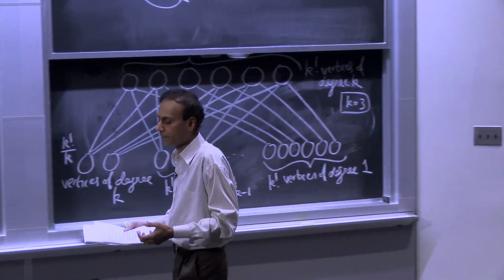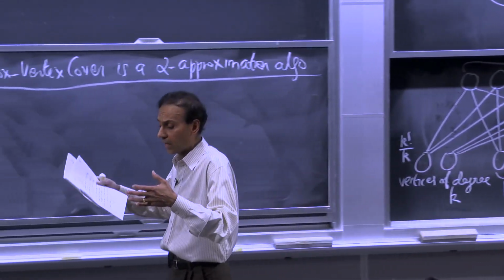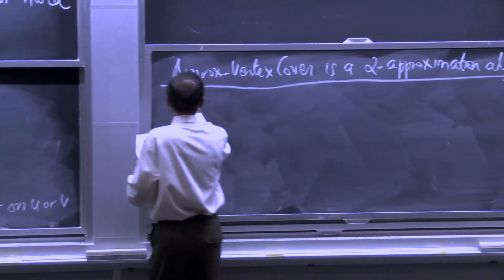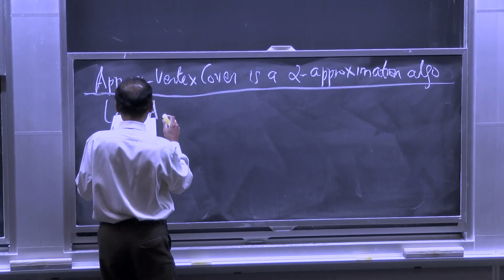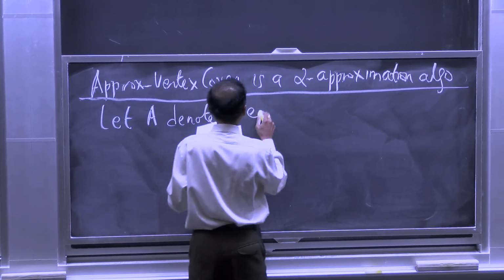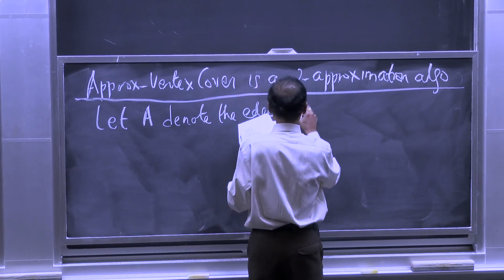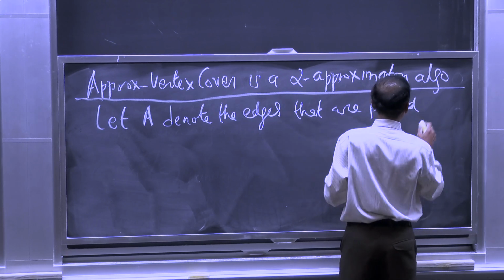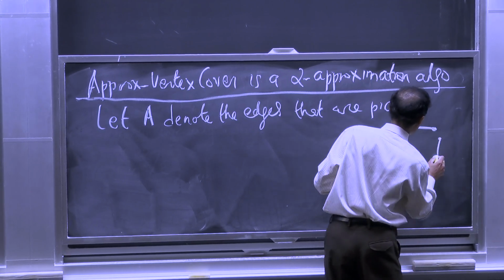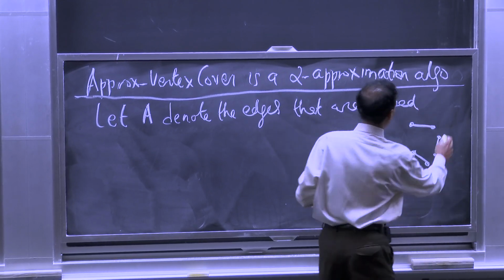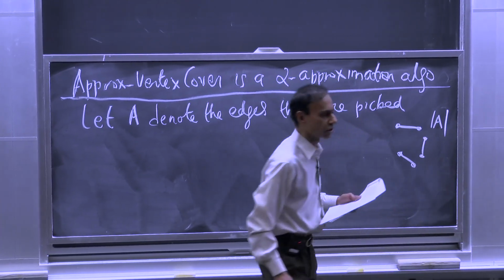Well, that means that I'm getting, let's say I get A edges. So let A denote the edges that are picked. So I'm going to get edges that look like that. Okay? And I got cardinality of A edges.